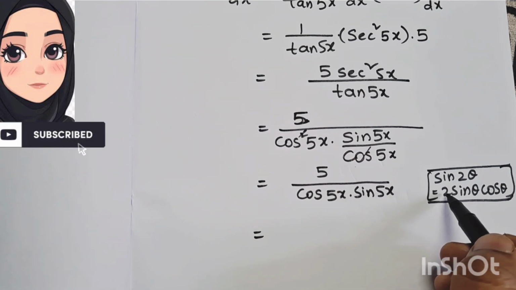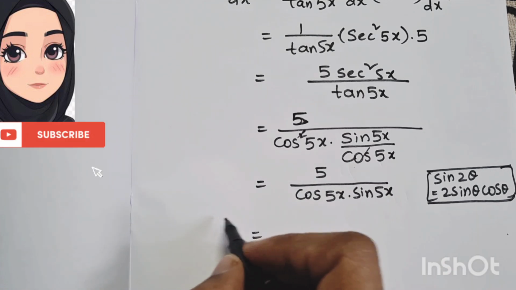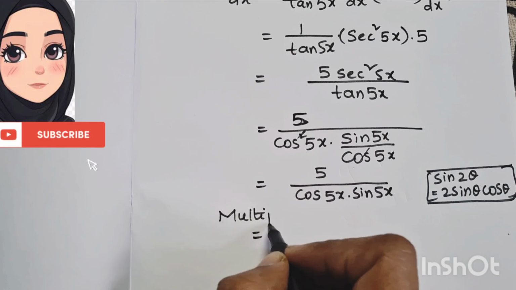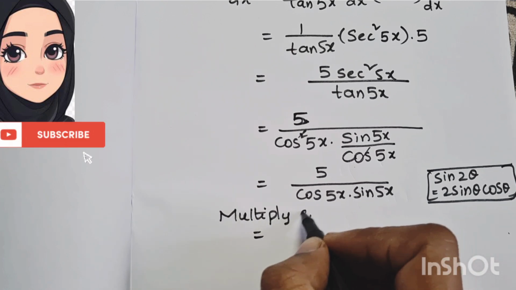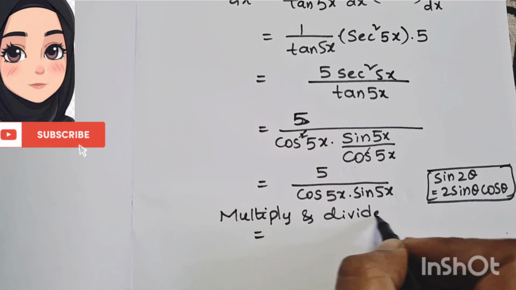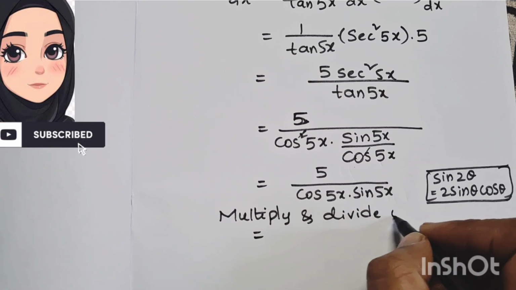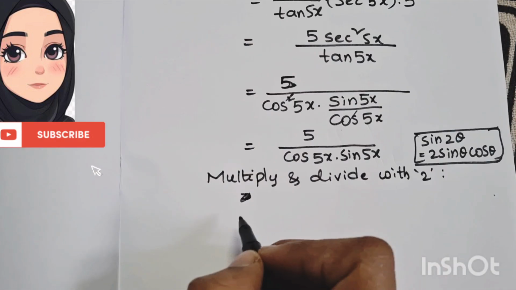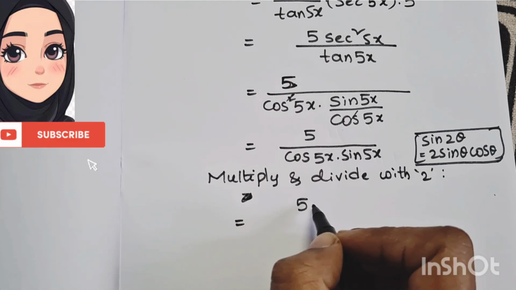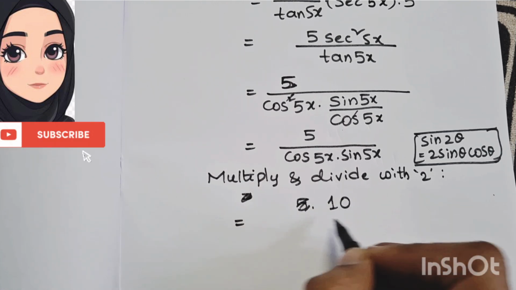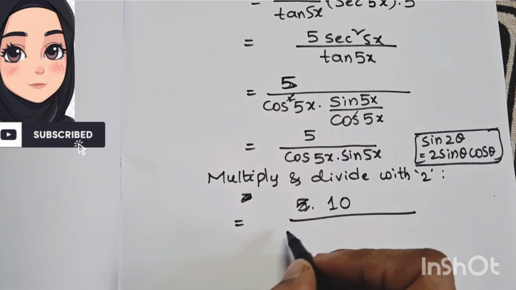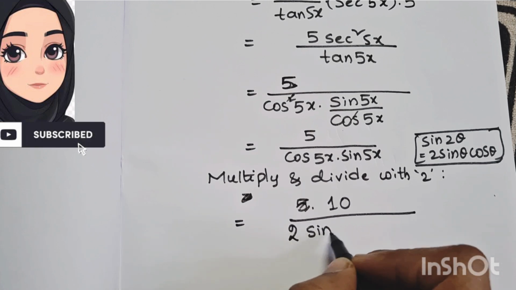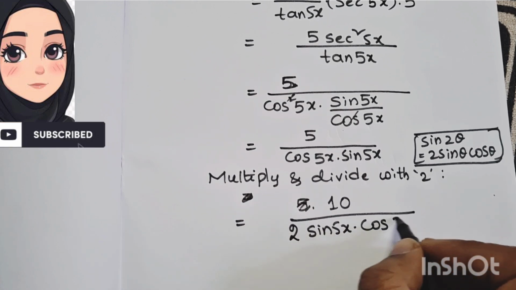But 2 is not there, so multiply and divide with 2 in the denominator to get this formula form. Here 5 into 2 becomes 10, writing directly 10, and 2 sin 5x cos 5x.